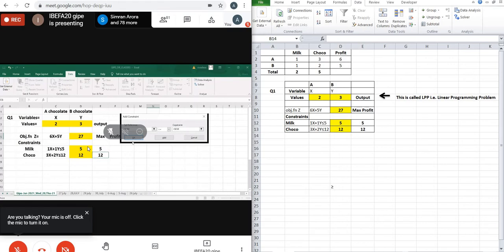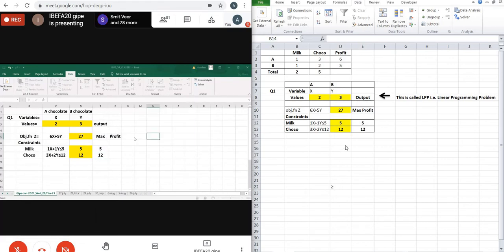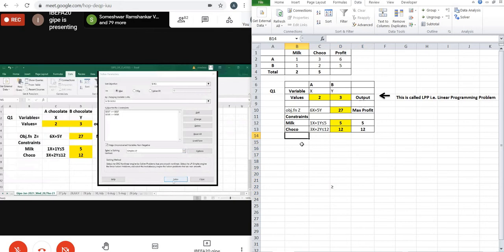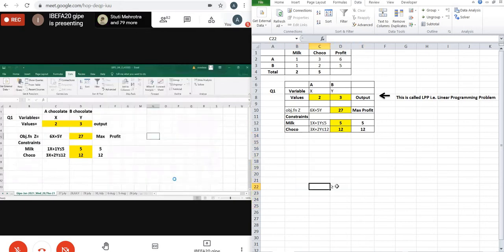And say OK. Non-negativity constraint and simplex, solve it. Now you got? Yes, sir, got it.